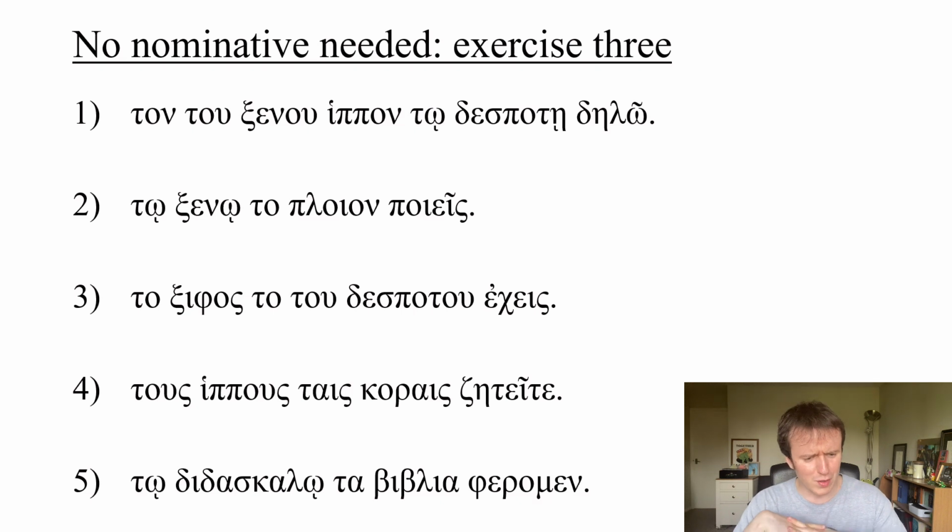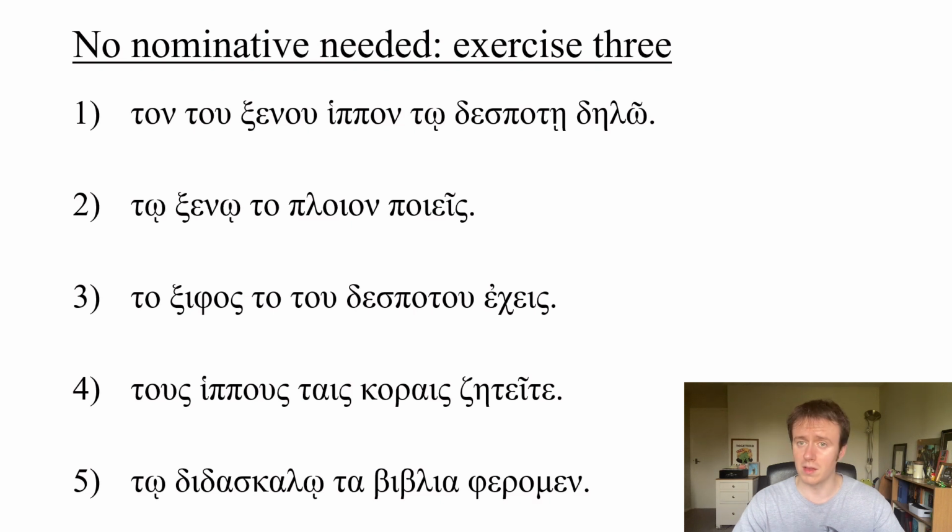Now, on the screen we have exercise 3, which consists of 5 Greek sentences for you to translate. These use a mixture of contract and regular verbs, okay? All of them require you to find the subject in the person ending of the verb. So you won't find a nominative noun or pronoun in these sentences.